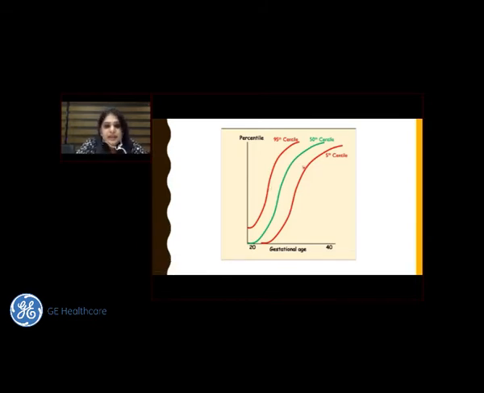Any weight of the fetus once measured when lies between the 2 red lines is within normal range for that fetus at that gestation. Okay, there is no single number which is normal. 1.2 kg is normal at 28 weeks. No, even 1.1 kilo is normal, even 1.3 is normal. And that is because it ranges between the 2 red lines.